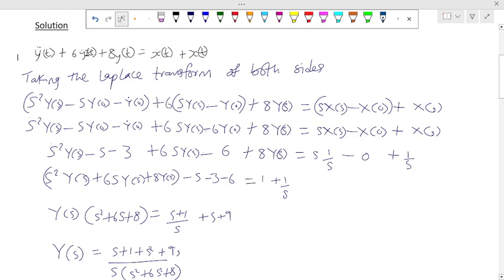Next we go to this part. Of course the 6 is a constant, so you bring it out. How many dots do we have here? 1. So the s will just be here to the power 1. So s y of s minus, s raised to the power 0, which is 1, times the same y, so y of 0.